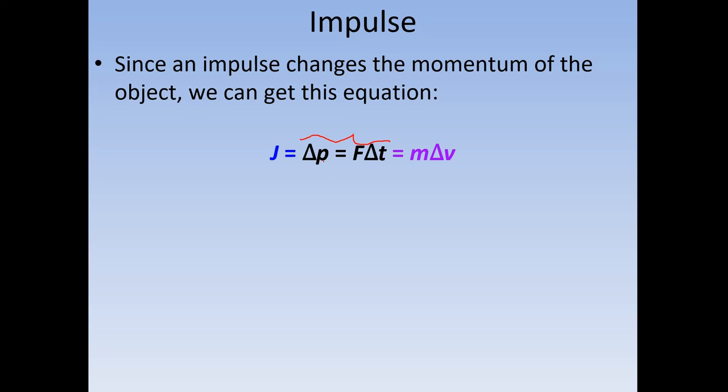Delta P in this case is being used to represent impulse. As I mentioned before, impulse is a change in momentum, so they're one and the same. If you want to know the impulse on an object, it's the change in momentum. If you get the change in momentum on an object, that's the impulse, same thing. So this is what's given to you on the reference table, and it comes from that definition of what impulse is.